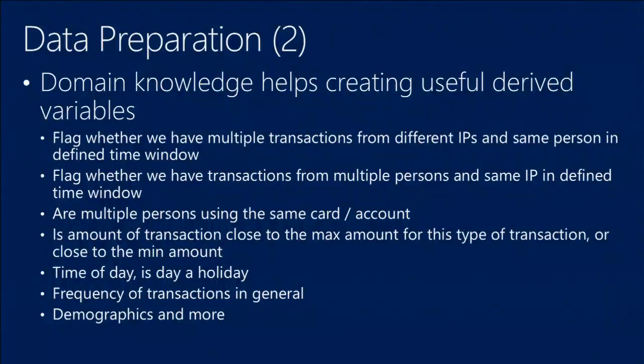So let's say if somebody makes 10 transactions in a single day from 5 different IP addresses, this flag was turned on. And what is the number of different IP addresses and what is the time window? Again, something you don't know, something you have to test. The opposite, transactions from multiple users, the same IP, this didn't work well. Turned out that these are mostly companies and families, so everything is fine.